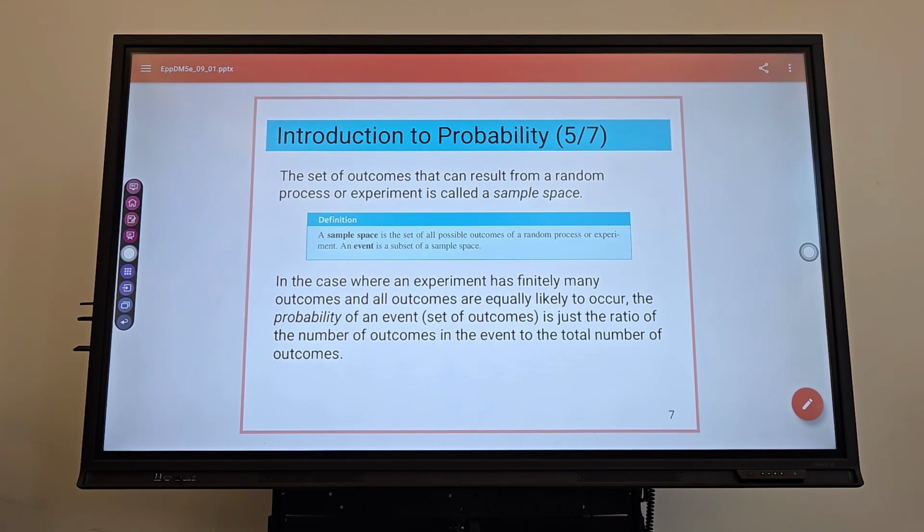In the case where the experiment has finitely many outcomes and all outcomes are equally likely to occur, the probability of an event is just the ratio of the number of outcomes in the event to the total number of possible outcomes.